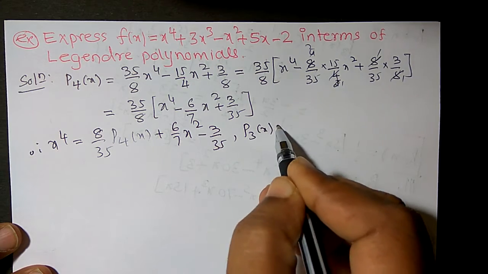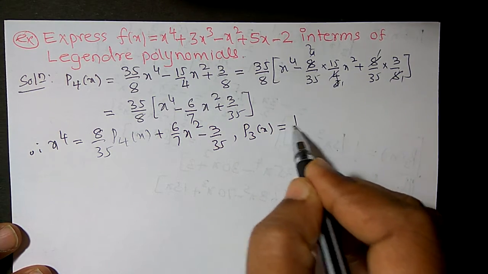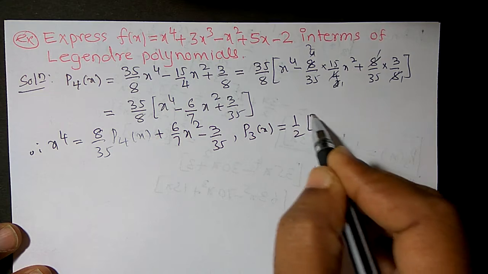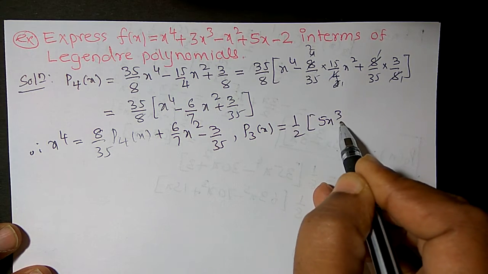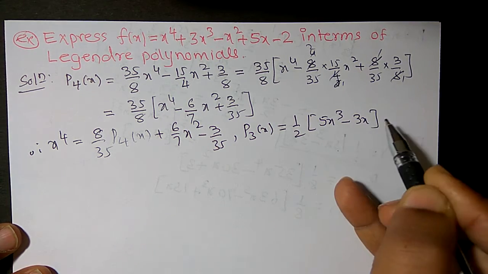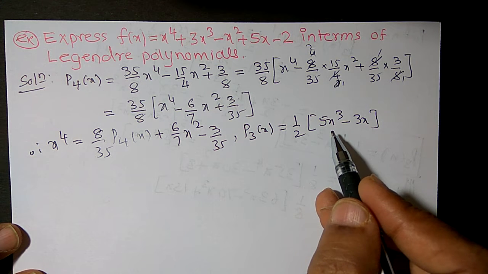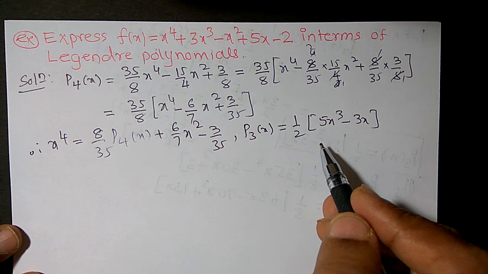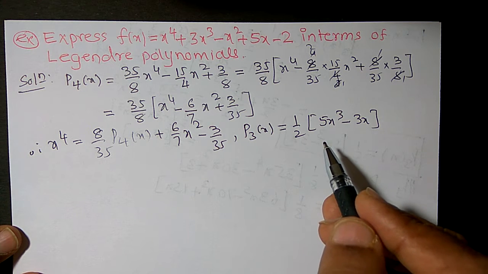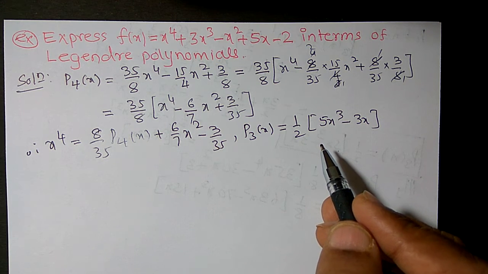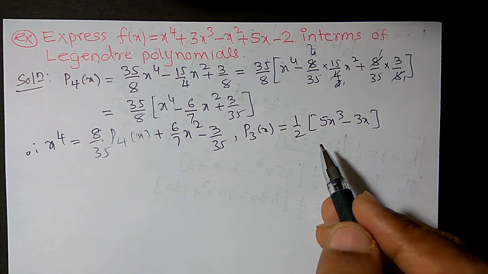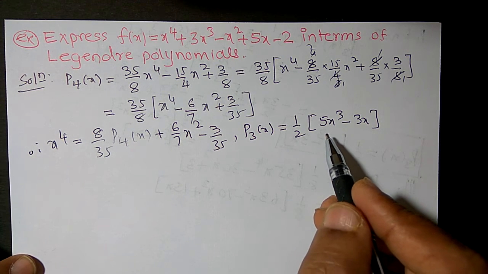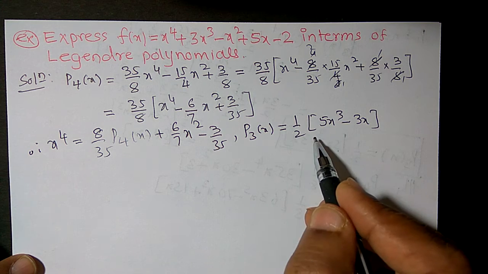Similarly, we have obtained P3(x) = 1/2 (5x^3 - 3x). Now I want to express x to the power 3 in terms of the other terms, right? So x^3, I can take out 5 outside.